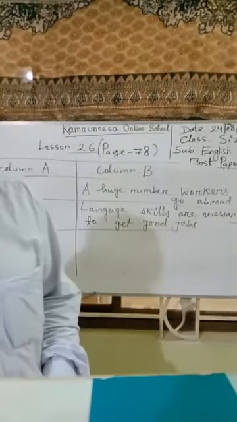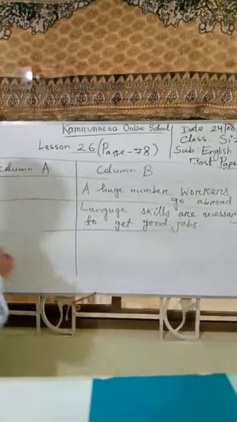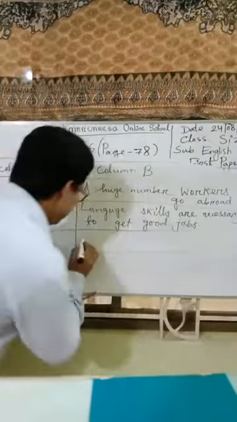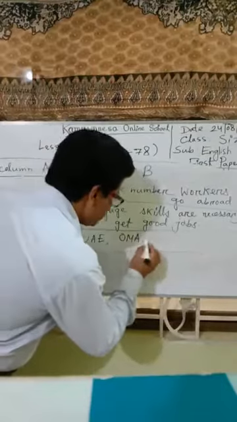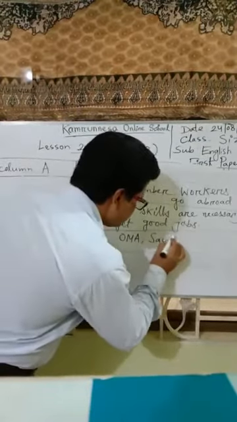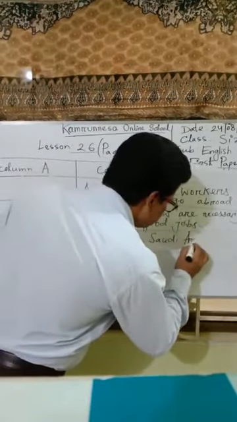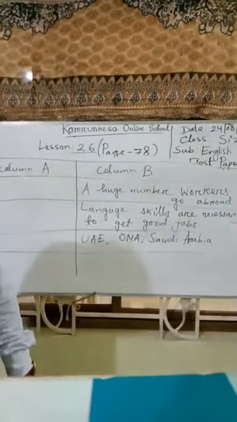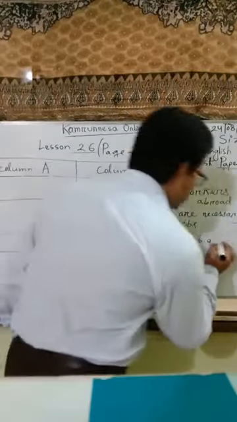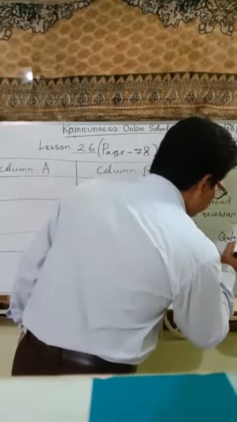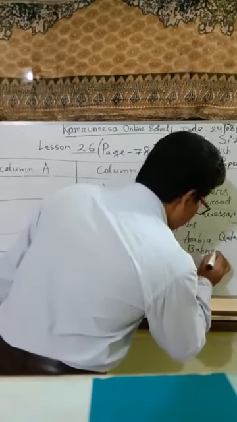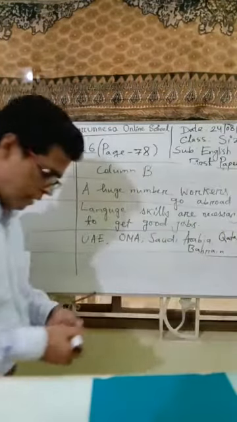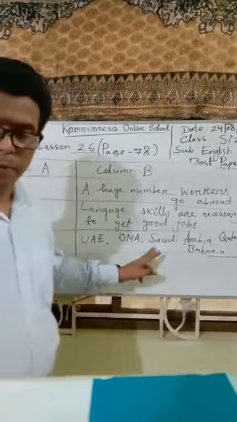That means UAE, Oman, Saudi Arabia, Qatar, Bahrain. These countries are preferred by our people.